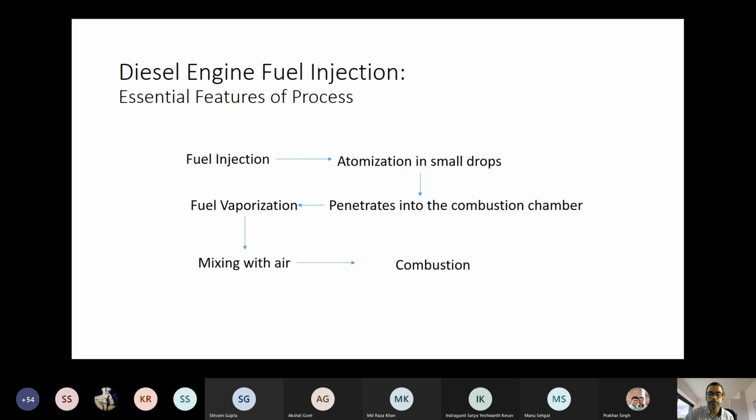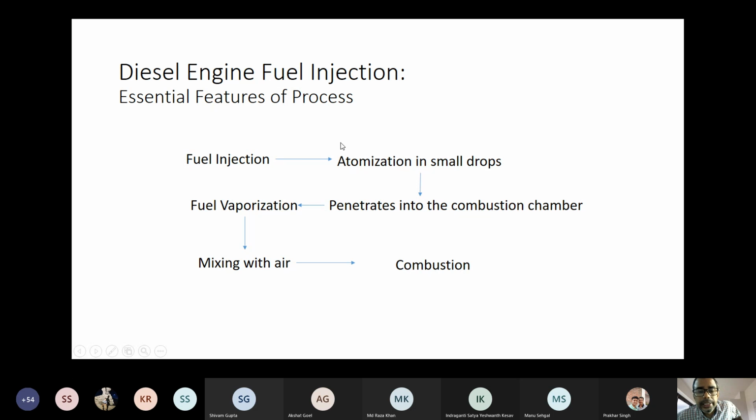We need to inject the fuel at very high pressure so that it can disintegrate into very small droplets, as well as travel to the farthest corner of the combustion chamber, because penetration of the fuel also depends on the momentum of the small droplets. If it disintegrates into very small droplets, the fuel vaporization will be very fast. It will mix with the air and instantaneously be available for combustion.